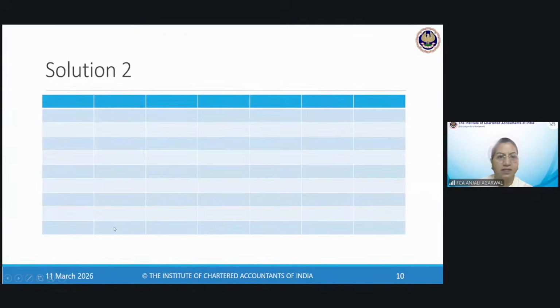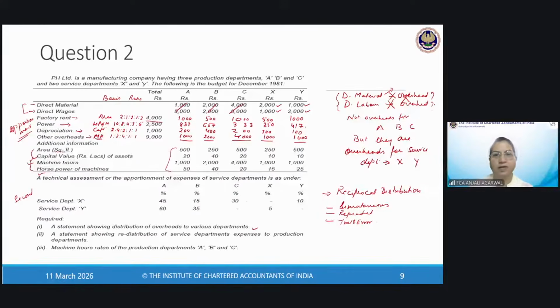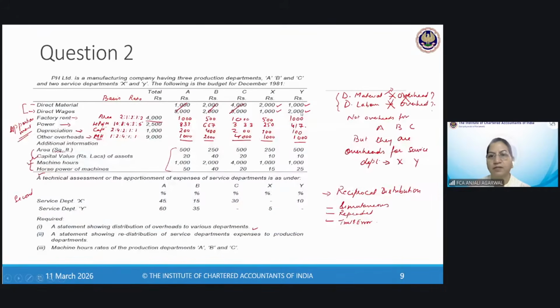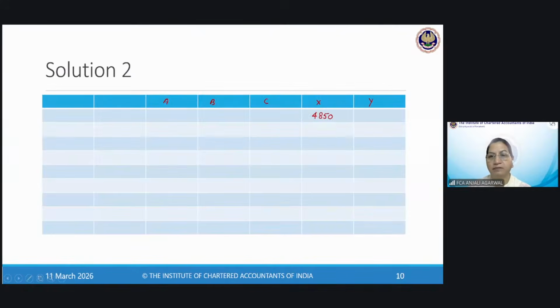Okay. So this is an example if I am following repeated distribution: A, B, C, X, Y. First let me take the total of X and Y. X is 3,500, 3,750, 3,850, 4,850. And Y is 3,000, 4,000, 5,570.